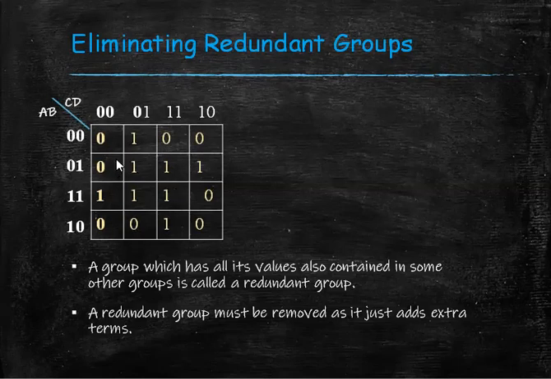The largest group that can be formed by this map is a quad, shown in the center. But there is a pair here, a pair here, a pair here, and a pair here.